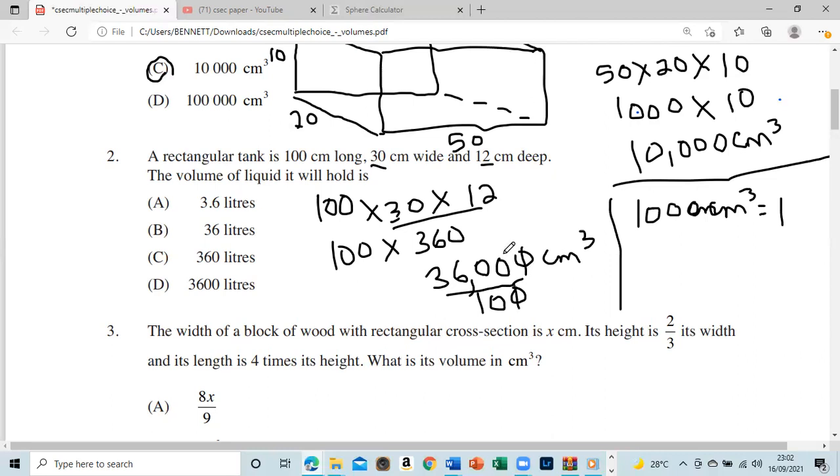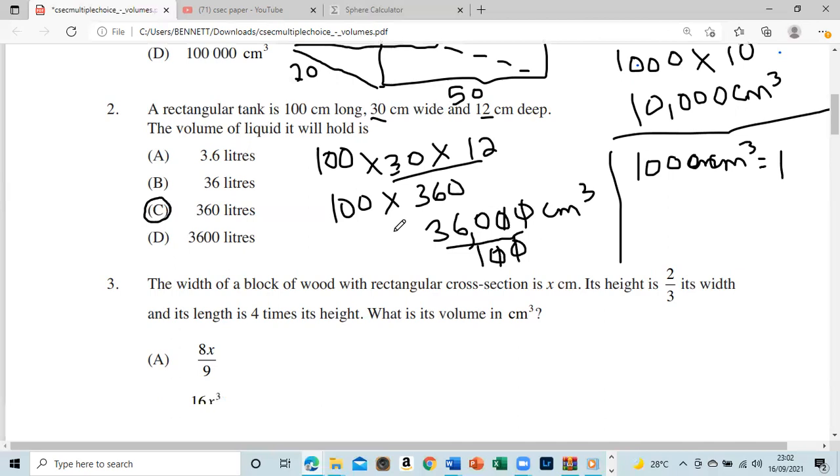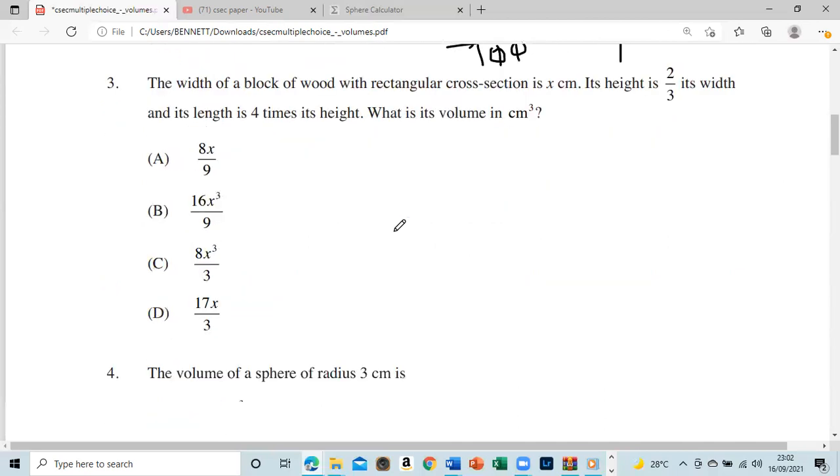So we actually get 36 liters. Oh boy, maths is so hard sometimes, guys. You have to put in the work.